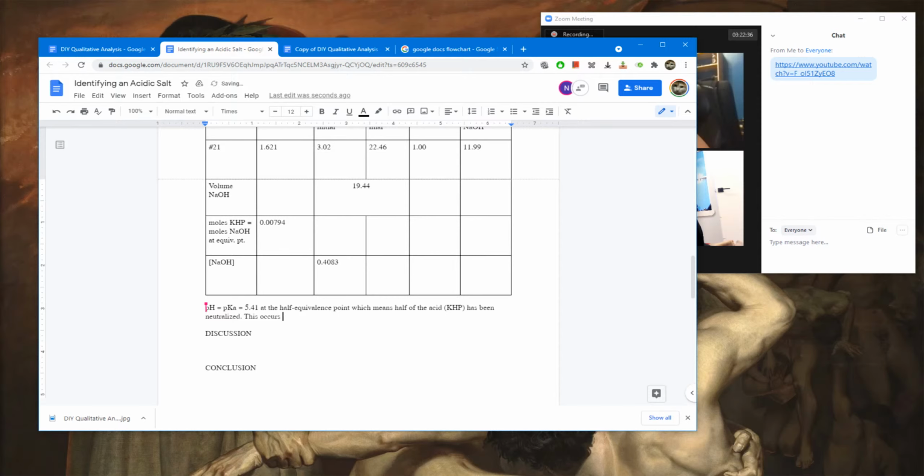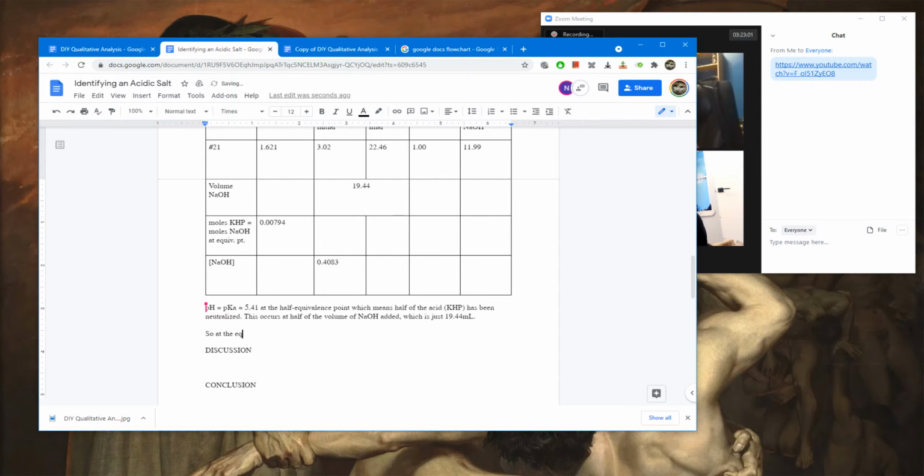This occurs at half of the volume of NaOH added, which is just 19.44 milliliters.